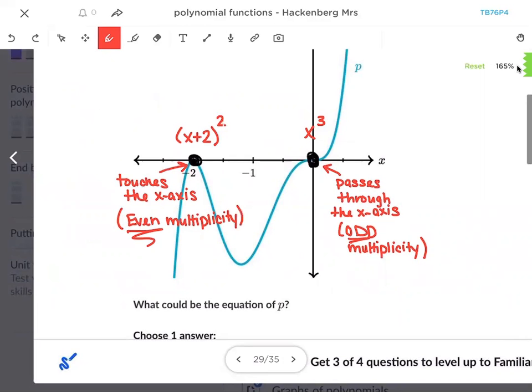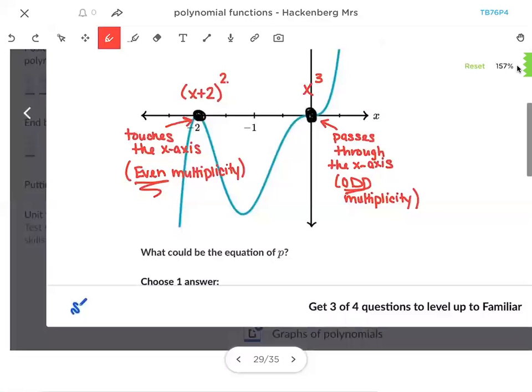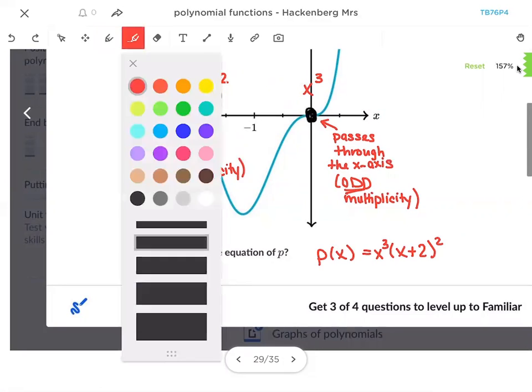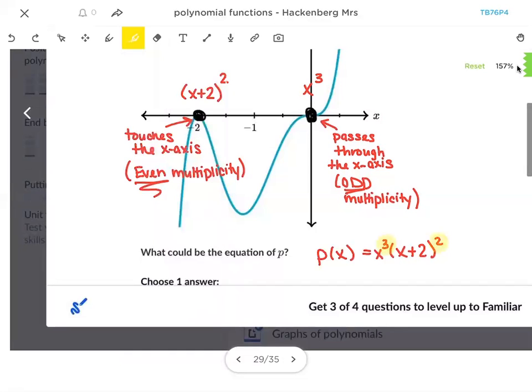So if I was piecing these things together, my equation could look something like this. It wouldn't have to be exactly that, but the focus here that I want you to look at is those exponents, knowing if it's got to be an even exponent or an odd exponent at those roots.